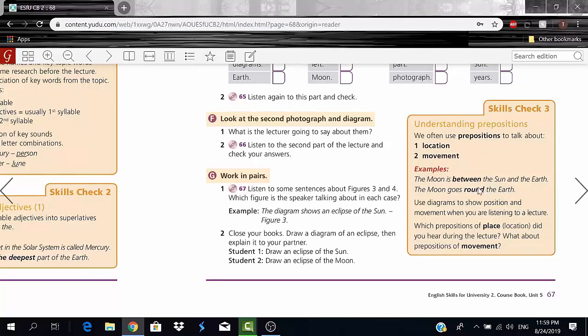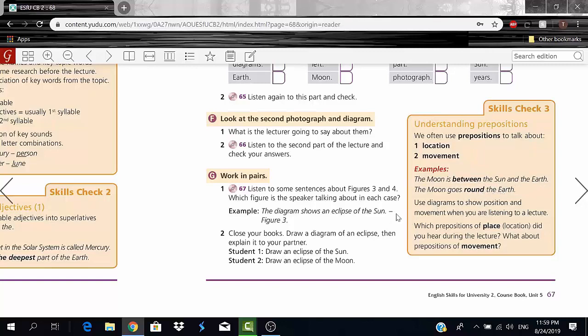I'm talking about the movement of the moon, because you guys know the moon doesn't stay in one place. It goes round the earth, right? So now I'm talking about the movement, also where we can use prepositions. So again, we use prepositions for location and movement. Okay? Examples: the moon is between the sun and the earth, and the moon goes round the earth, right?